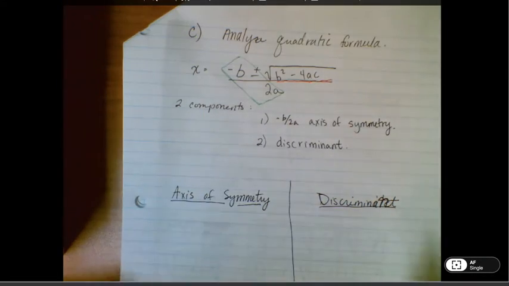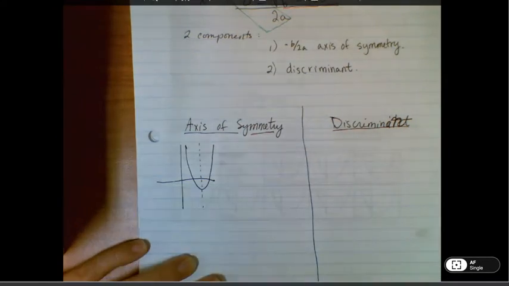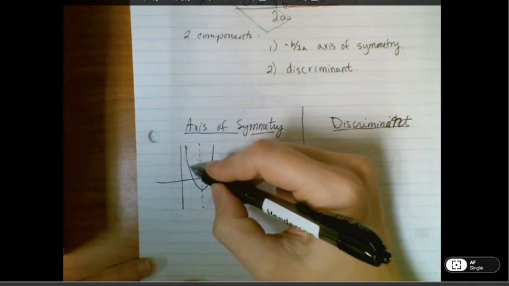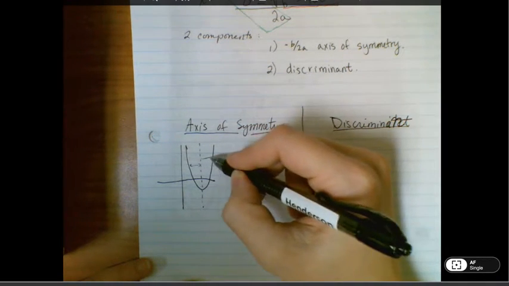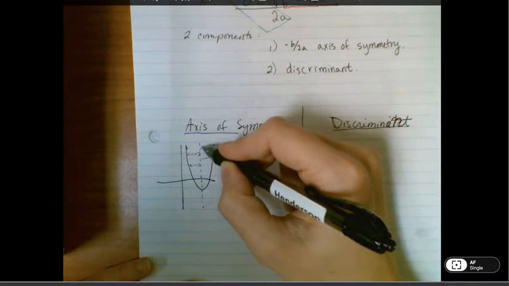So what are they? Well, the axis of symmetry, if I have some quadratic like this, and you can look back to the graphic organizer on the very first page of the PDF that I sent you, but if I have this line that breaks everything up into a symmetrical distance away from it, it would be the axis of symmetry.